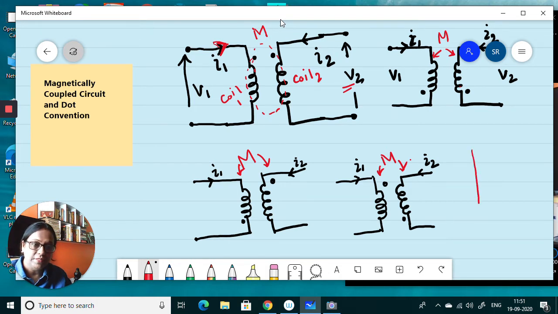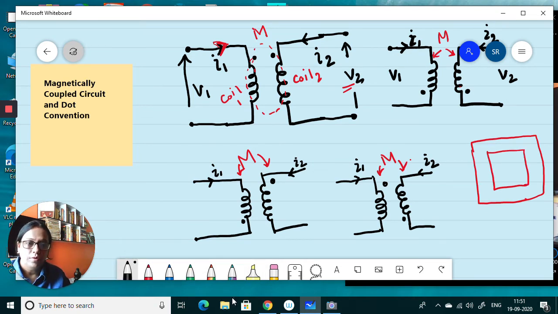If you see a transformer core, here the winding is left to right.